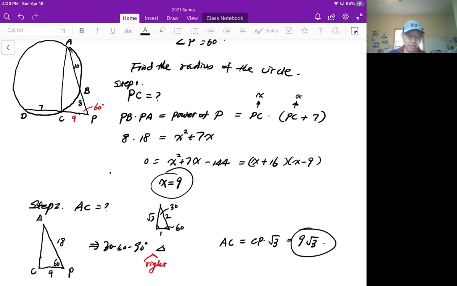That reminds us this is just the 30-60-90 right triangle, right? And then we get the angle at C. So AC is perpendicular with the baseline, and then moving inside the circle, we know that AD must be a diameter, right? That's a very nice problem. It takes a couple of steps to figure that out.